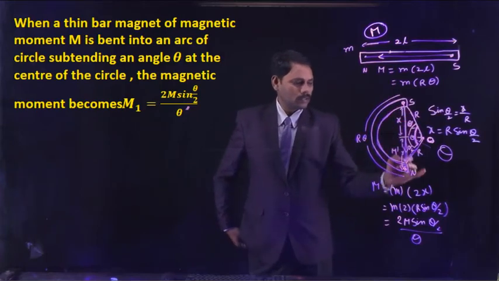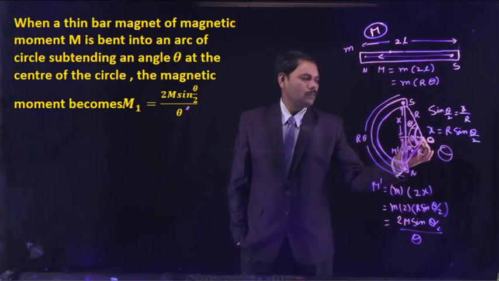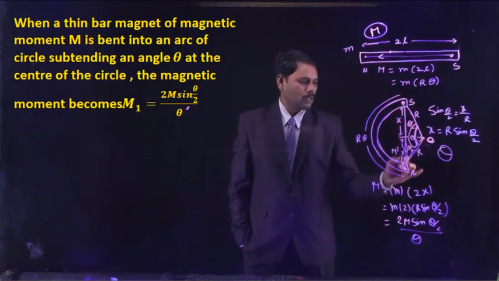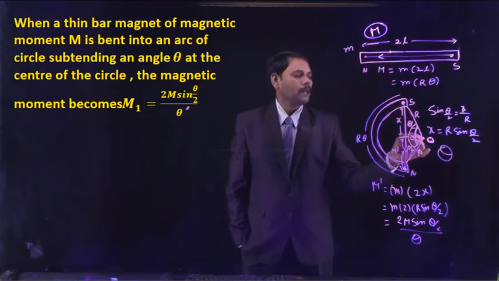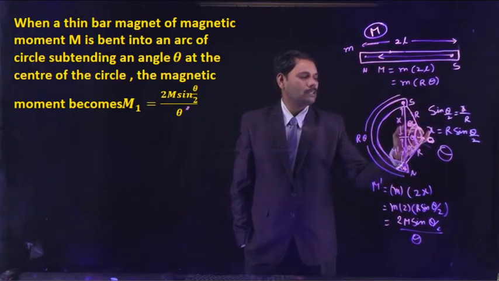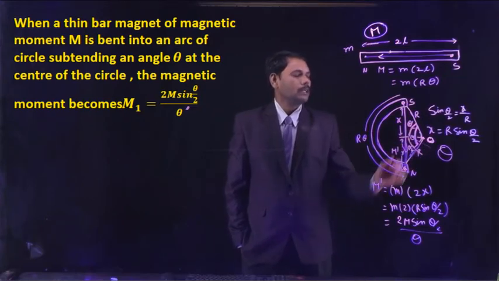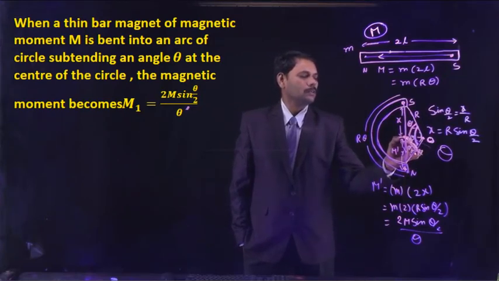From the center O draw a perpendicular bisector to the SN line. Then this angle is bisected, this part is theta by 2 as well as this is theta by 2. Let this point be P.